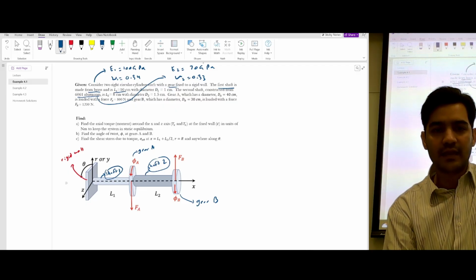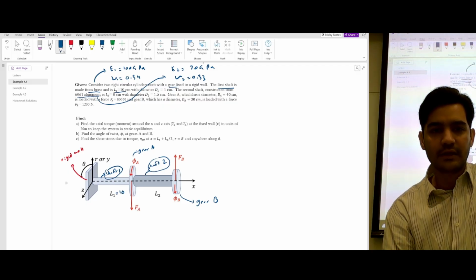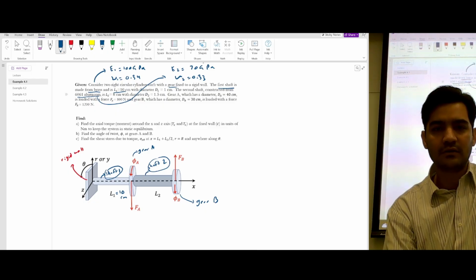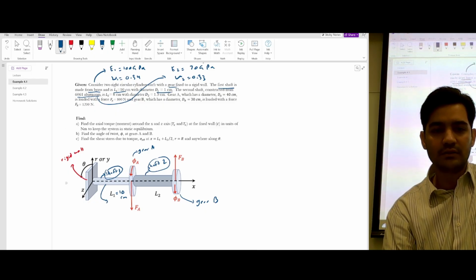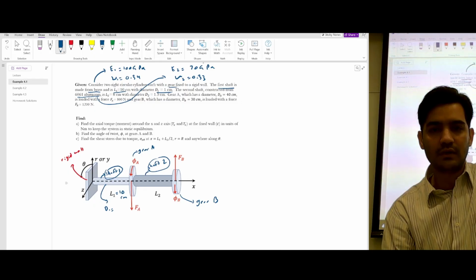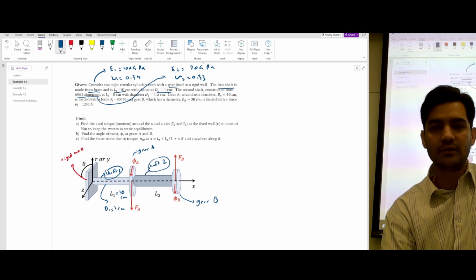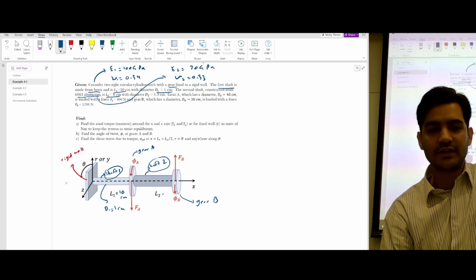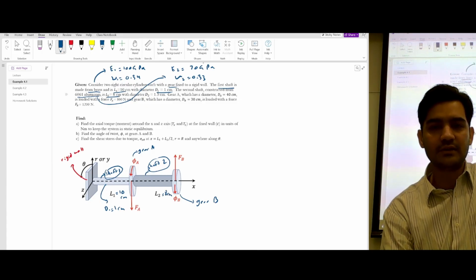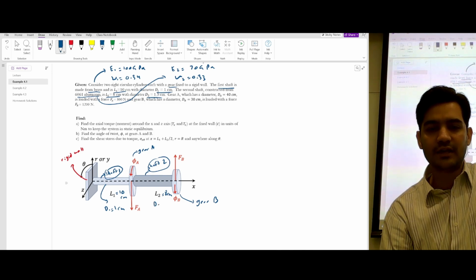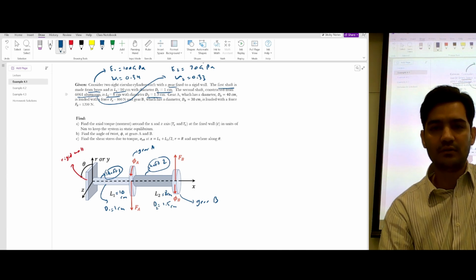So it says L1 is 10 centimeters and D1, the diameter of shaft 1, is 1 centimeter. The second shaft is made up of aluminum. The length of the second shaft is 8 centimeters and the diameter is 1.5 centimeters.